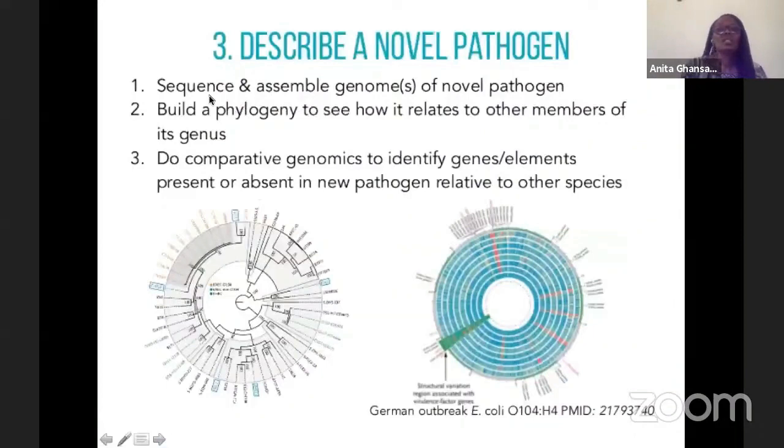And after sequencing, you can assemble the genome of this novel pathogen, build your phylogeny, and see how it relates to other members of its genus, and do comparative genomics to identify genes or elements that are present or absent in this new pathogen relative to the other species. And this will give you an idea of exactly what this new pathogen looks like.